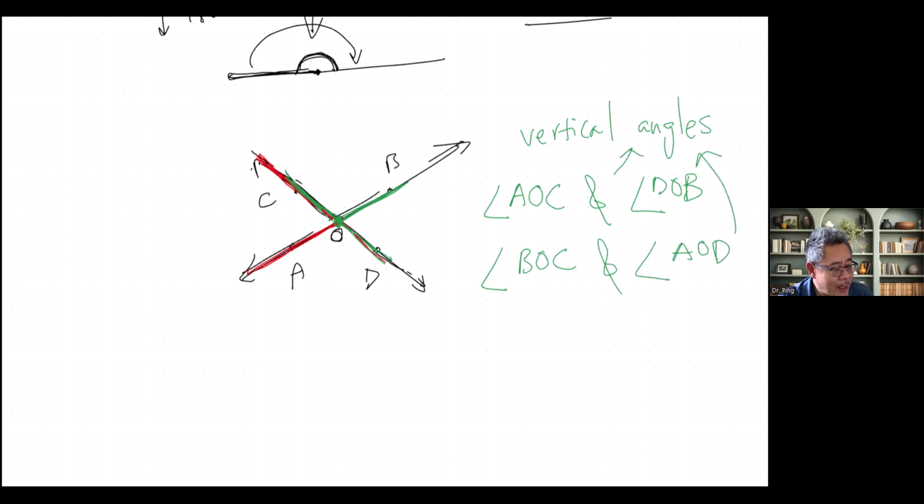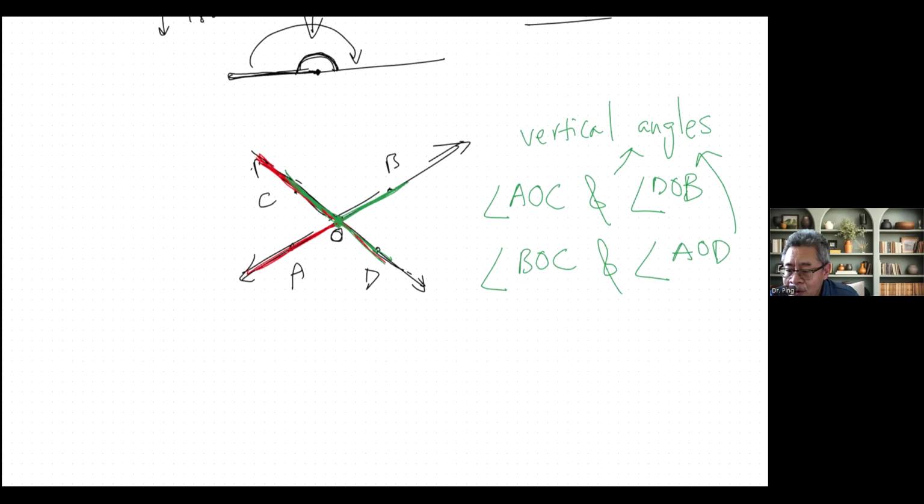Then we're going to look at what happens if two adjacent angles form a right angle. Okay, so early on we talked about adjacent angles. Now we're going to talk about special adjacent angles.